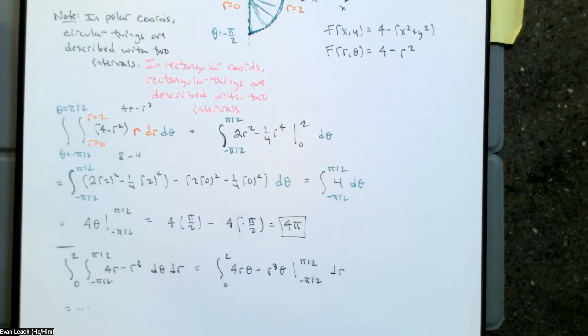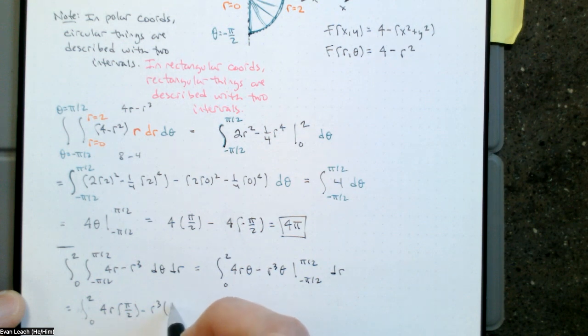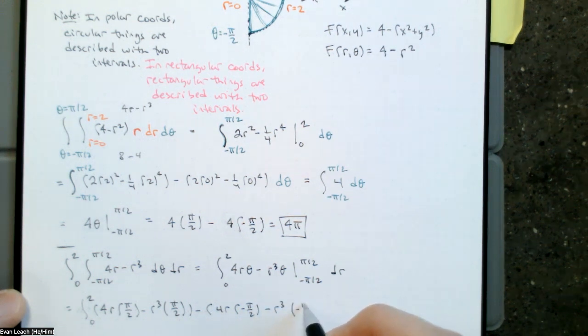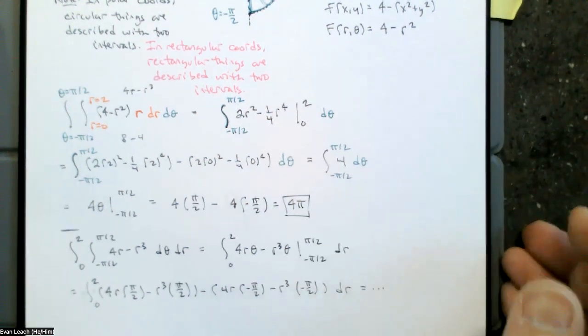Notice that we're plugging in for the theta. So plug in pi over 2 for theta, not r. And that'll be the last point that I want to make.